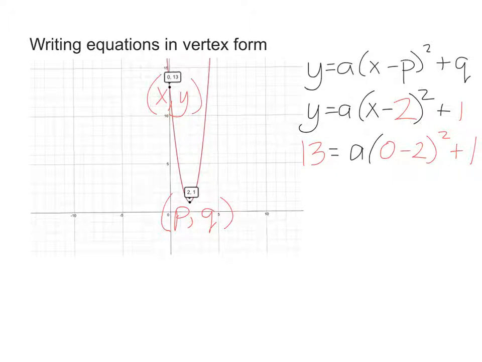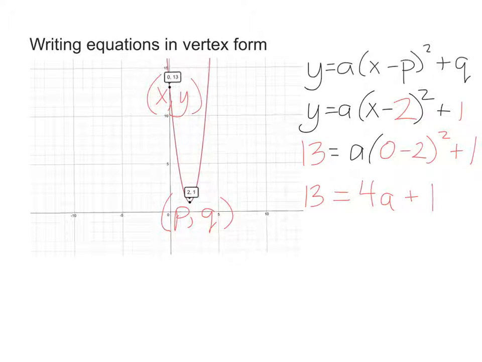But now what I have is 13 equals, this 0 minus 2, that's negative 2, and then square it is 4. So I have 13 equals 4a plus 1. All I'm doing is simplifying the stuff in the brackets and squaring it to get the 4. And instead of writing a4, I wrote 4a just because that's the way we're used to seeing it. Now you have just a simple linear equation to solve.